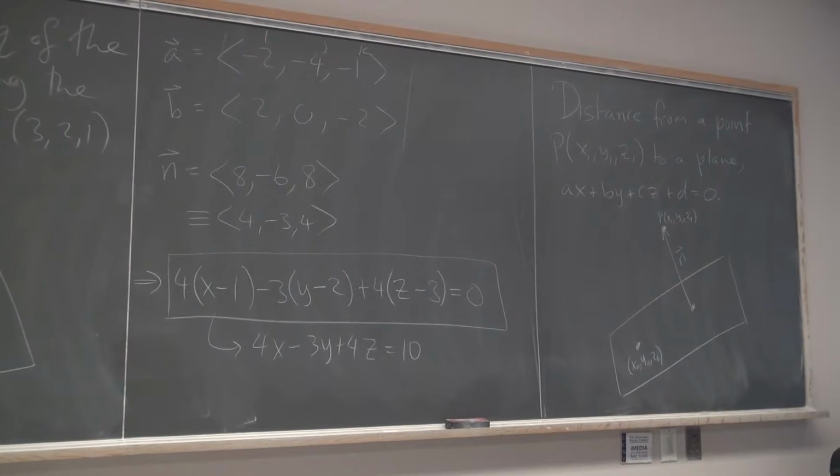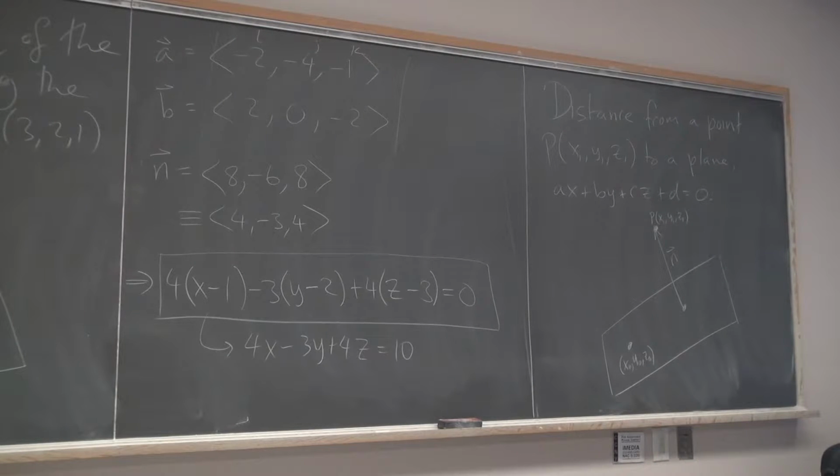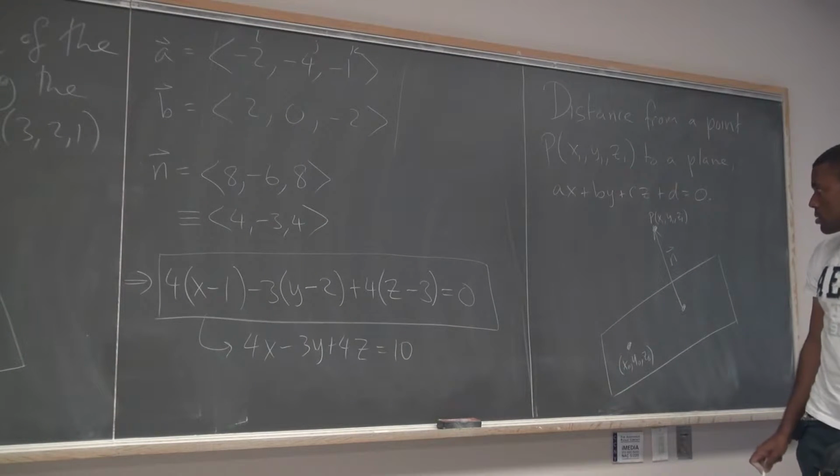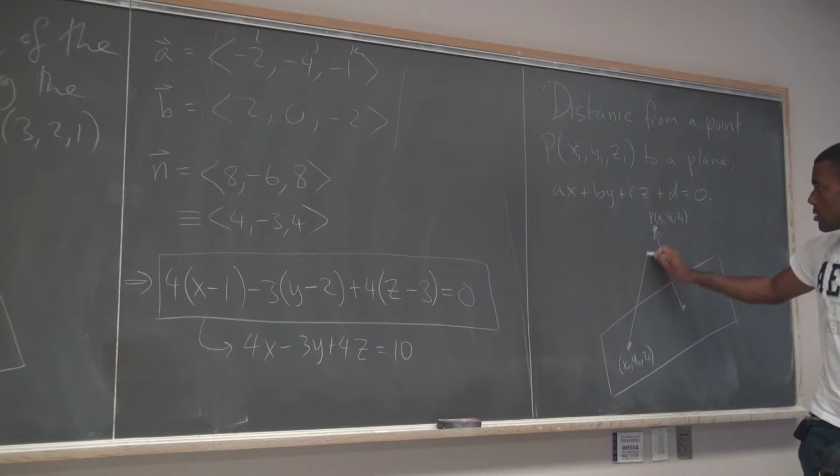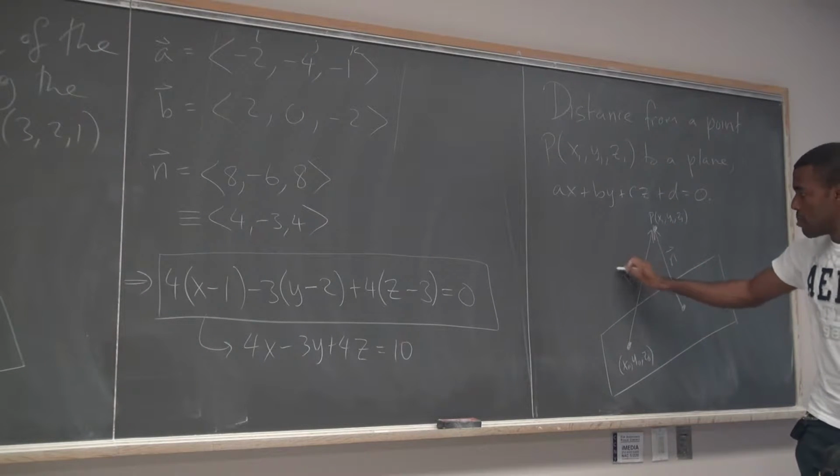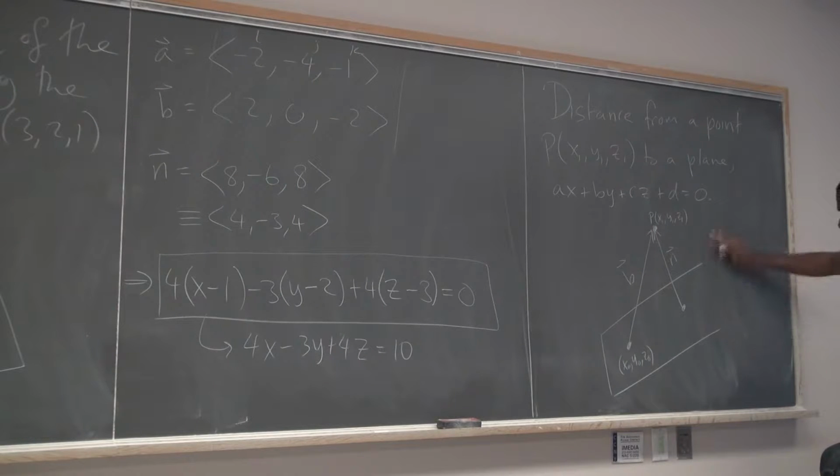Scalar projection of what? Of the vector connecting x0, y0, z0 to the point P. Right, connect these with a vector, call that b, and then the distance would just be the scalar projection of b onto n.